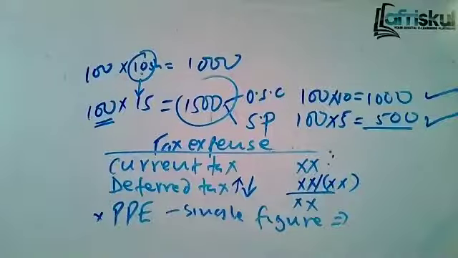So if you have those other items, you have to go to the workings and work out the PPE. You bring the land, the building, the furniture, and work them out together. To the balance sheet, you will take them as one figure. So to the statement of financial position, PPE should be recognized as a single figure.